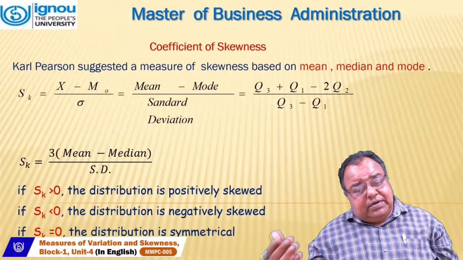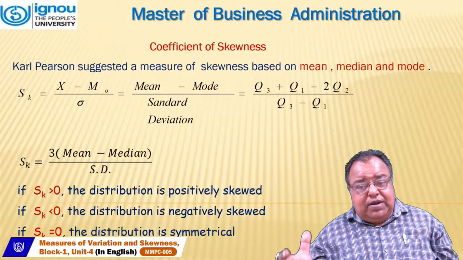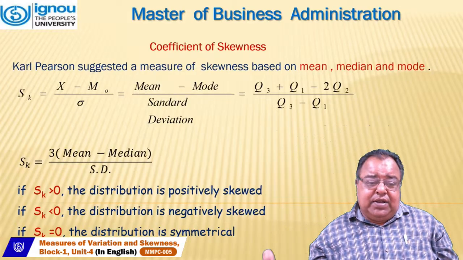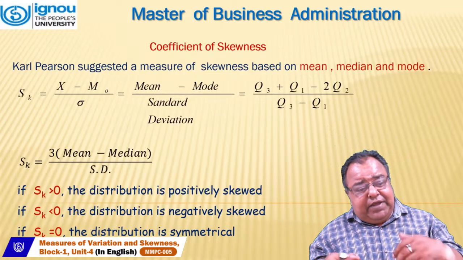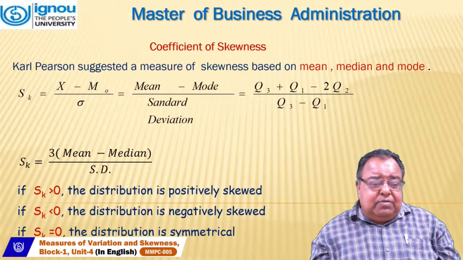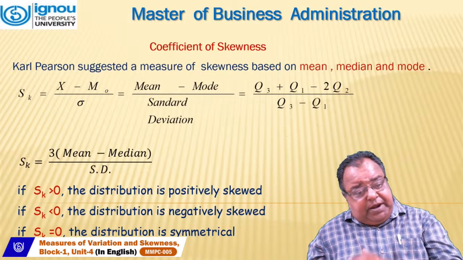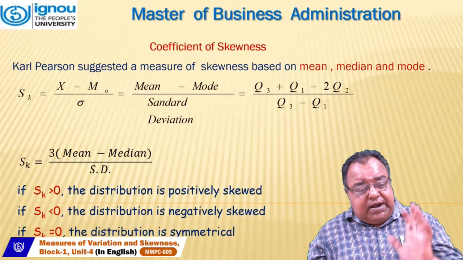In terms of quantiles, it is Q3 plus Q1 minus 2 times Q2 divided by Q3 minus Q1. We have an empirical relation, so we can convert mean minus mode in terms of mean and median. That is 3 times mean minus median upon standard deviation.